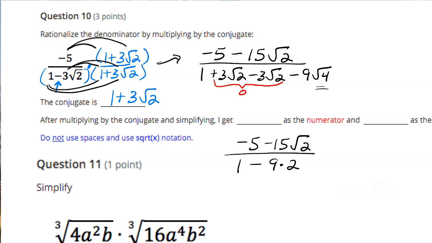Okay, so this denominator here would be 1 minus 18, so negative 17. Negative 5 minus 15 root 2. They're all negative. We don't like negatives in the denominator, so divide by negative and it makes them all positive. So your numerator, you would get 5 plus 15 root 2, and your denominator would be 17.